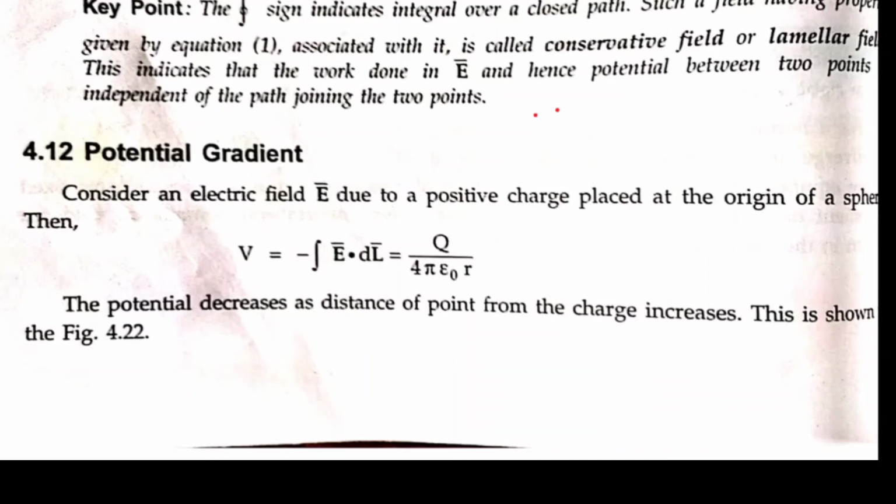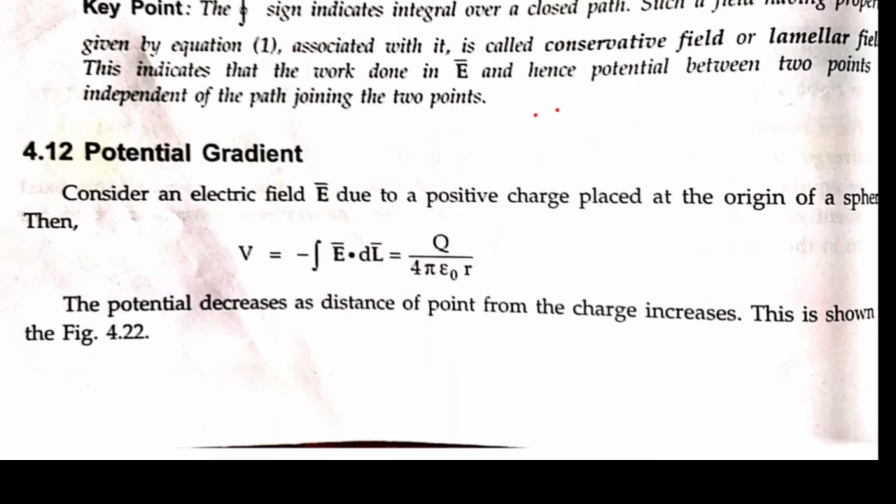The potential is also given as Q by 4 pi epsilon naught R. The potential can be calculated from Q by 4 pi epsilon naught R, or if you know the electric field intensity, from the integral of E dot dl. The potential decreases as the distance changes. We already saw that in the previous diagram of equipotential surfaces.